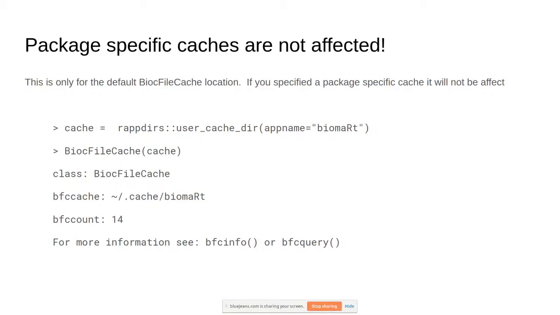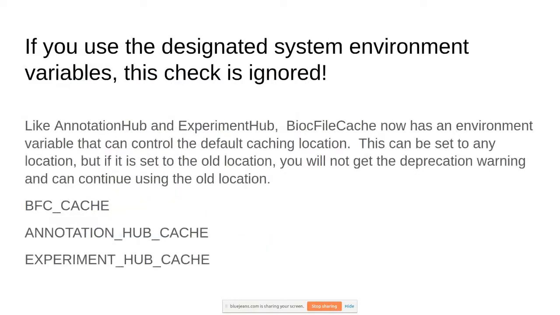It would be up to you as package maintainers to determine if you're still going to use the rappdirs location or if you're going to change to tools in your related packages, but that's up to you as maintainers of your own packages. Also, if anyone uses the system environment variables for caching location, this is also ignored.